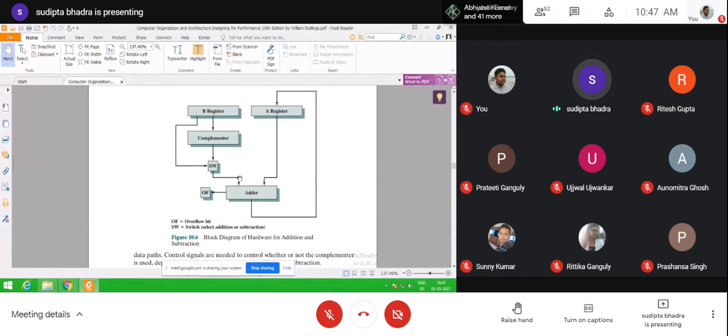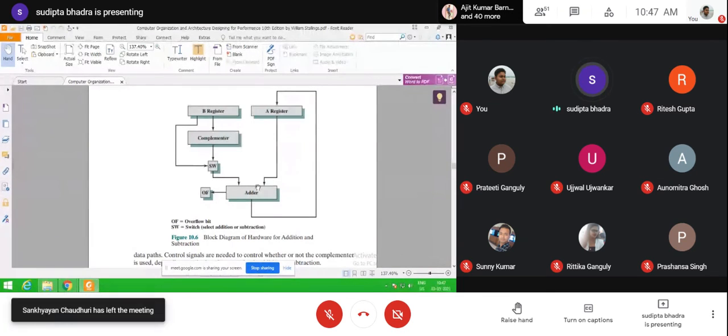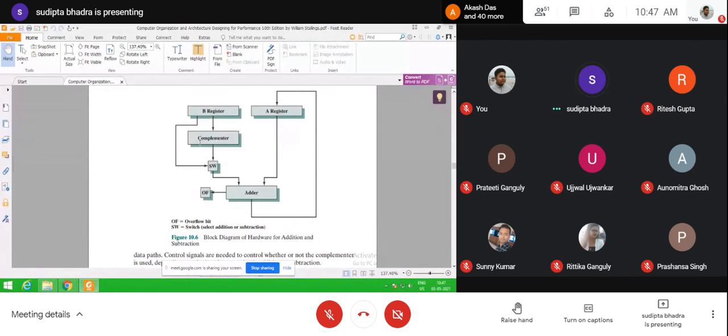The addition happens between the two values of those two registers. And when there is a subtraction, the value of A minus B is occurring.